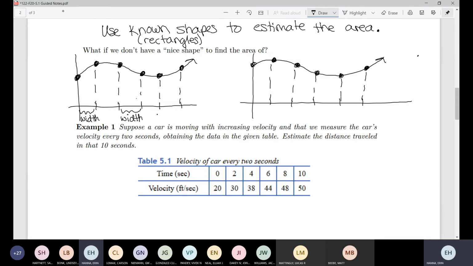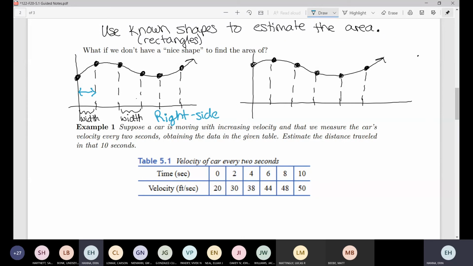Say I wanted to use the right side. So we're going to have two different types of estimations: a right side and a left side.